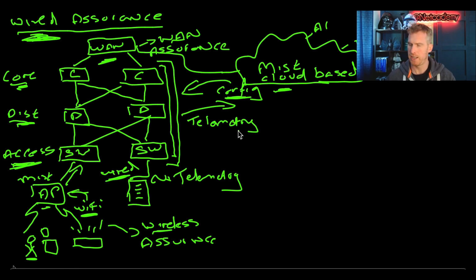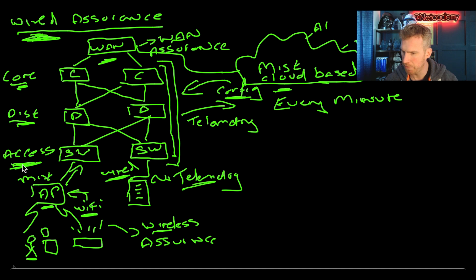Now I just said a key number, and that was really referring to the Wi-Fi network, to the access points. They are sending up every minute over 150 states of telemetry per client. And that's obviously a lot, and it's the same for those access, distribution and core layer switches. Every minute that telemetry is getting sent up to the Mist cloud.